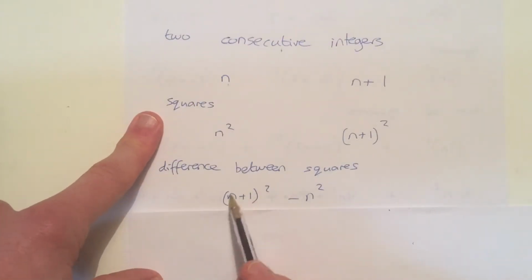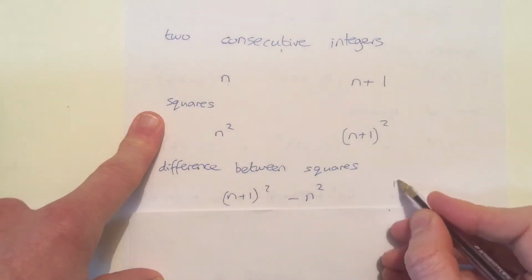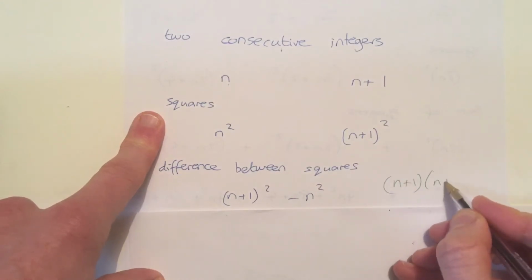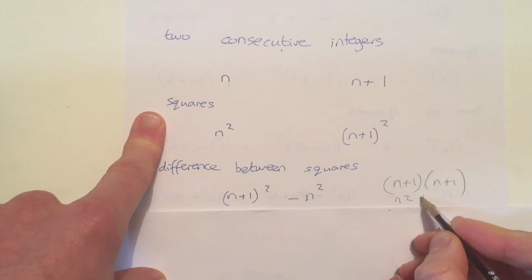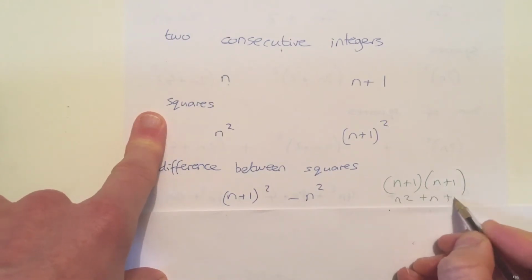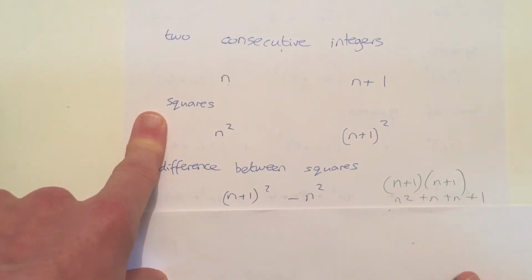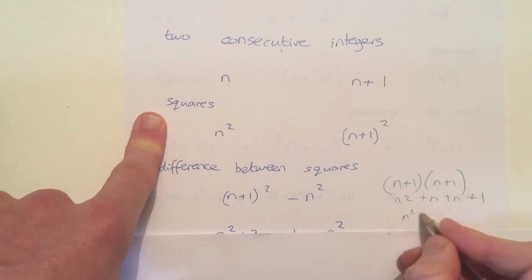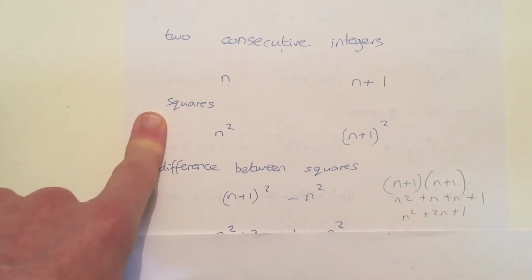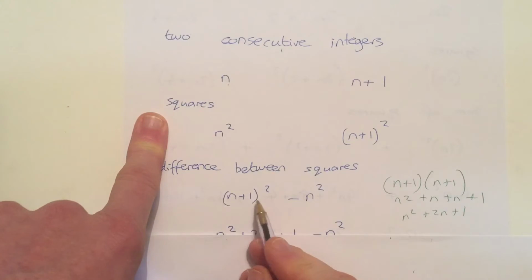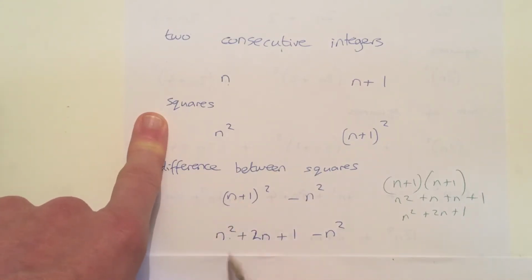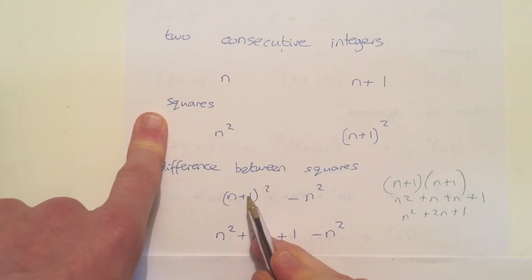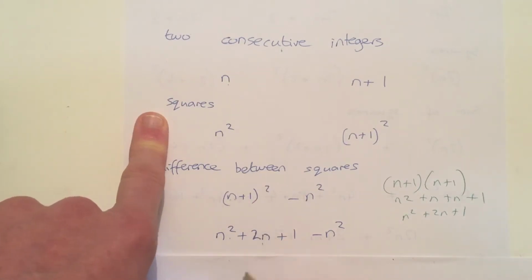Now if I expand this bracket out, you could expand it like that and go n times n is n squared, n times 1 is n, 1 times n is n, 1 times 1 is 1. So you get n squared plus 2n plus 1. Or hopefully you know the shortcut here where we can just square this to get n squared. n times 1 is n, then double it, 2n, and then 1 squared is 1.